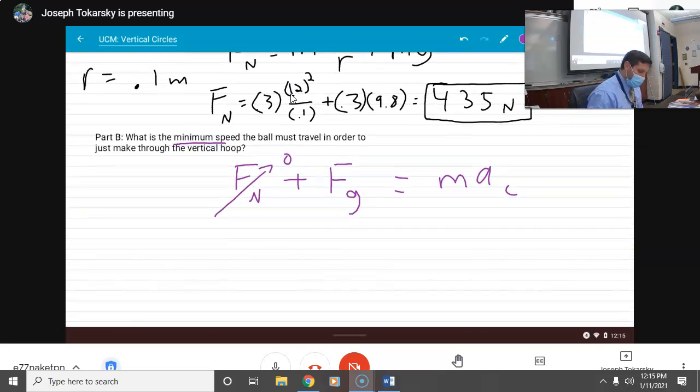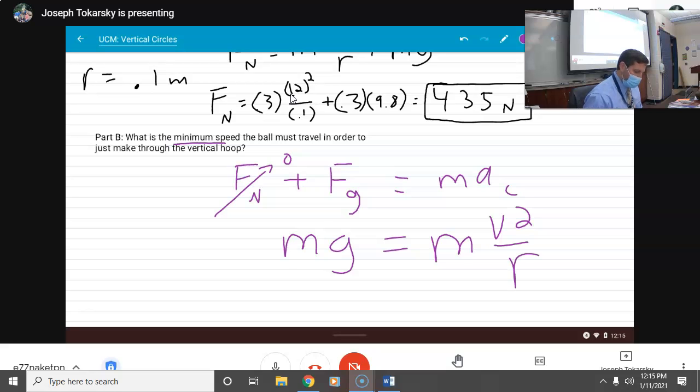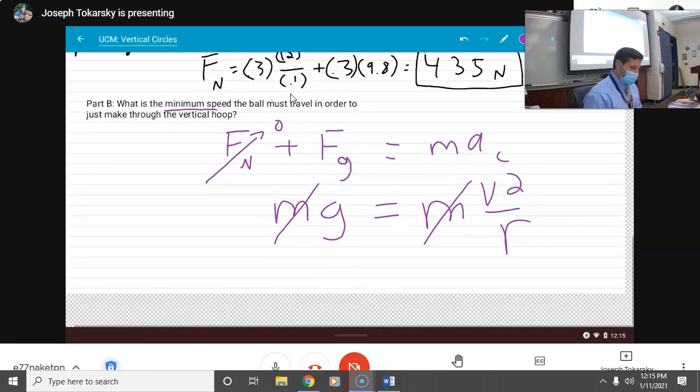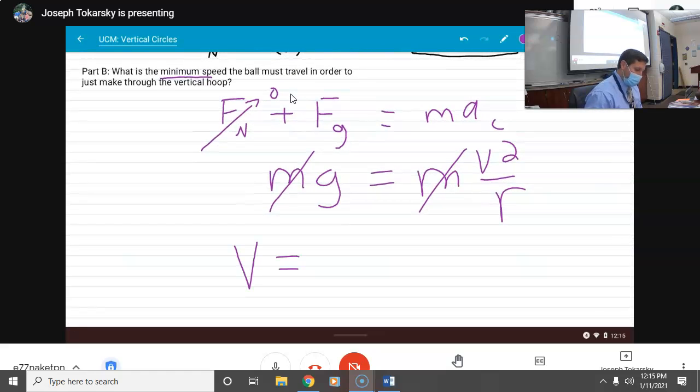And if we break down weight into mg on the left side and plug in v squared over r over here, the masses actually cancel. And your answer is just determined by multiplying r to the other side and taking the square root.